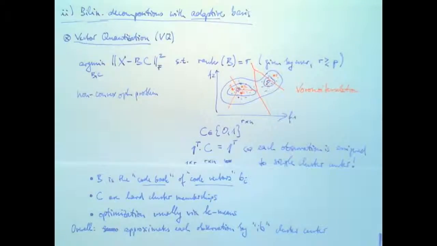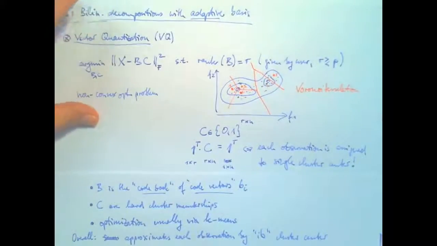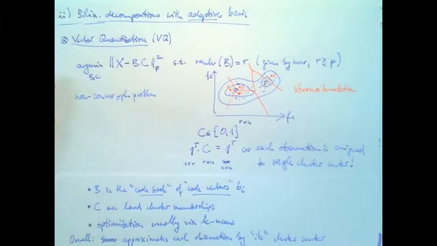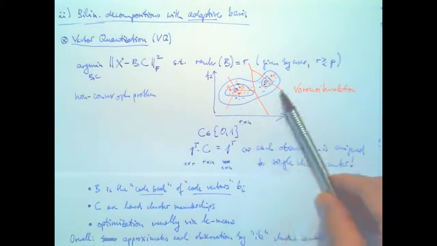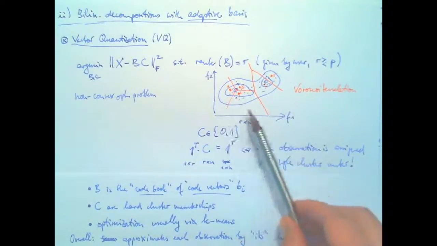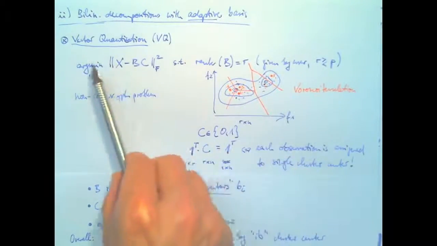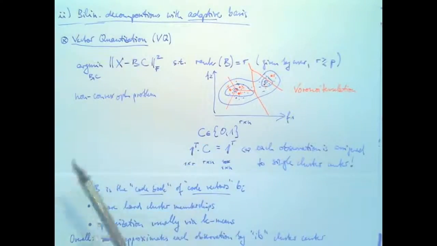But what you see overall is that if I talk about it in terms of these code books and code vectors and so on, it looks quite different from PCA. But if you look at the formula, it's not so different. This part is the same. That part is the same.